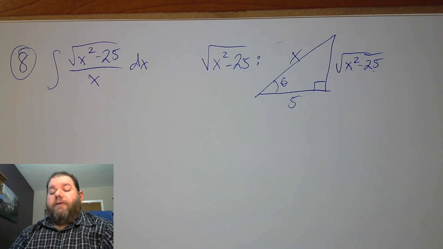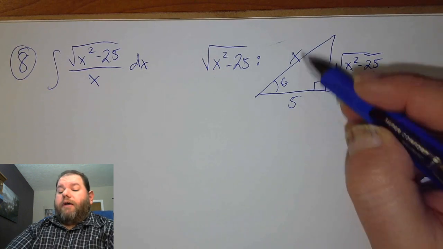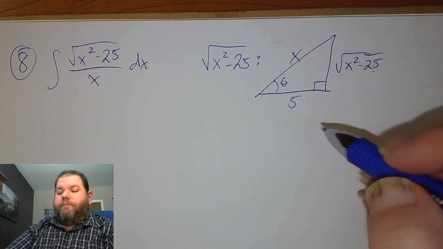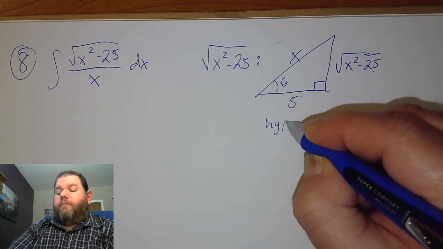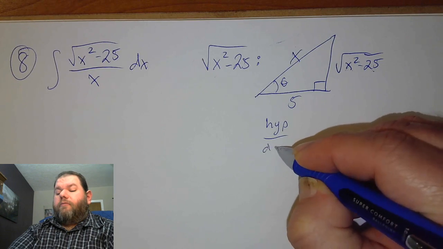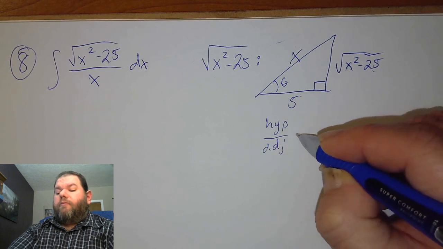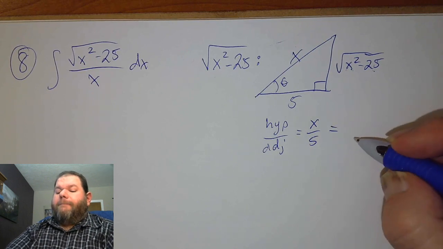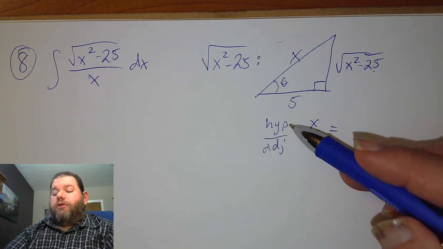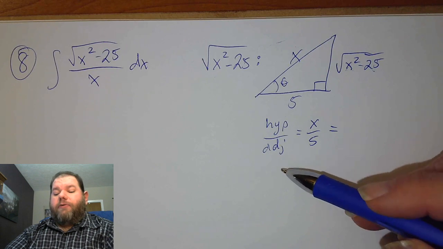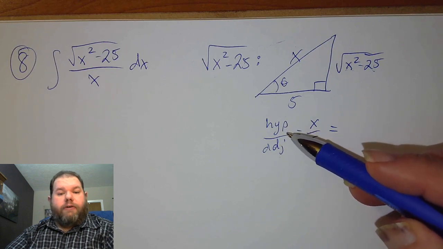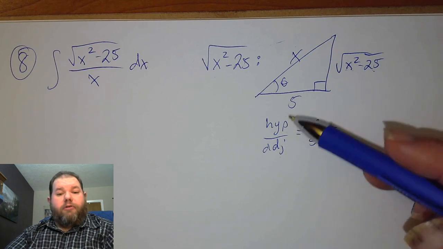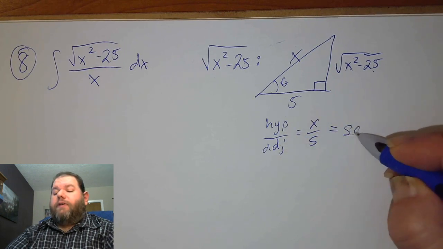Now we need to find x. Now x, we want to use 5, so we want hypotenuse over adjacent. So we think about which function is hypotenuse over adjacent. Well, we know adjacent over hypotenuse is cosine. And so what we've done is we've actually had the reciprocal of cosine, which is secant theta.